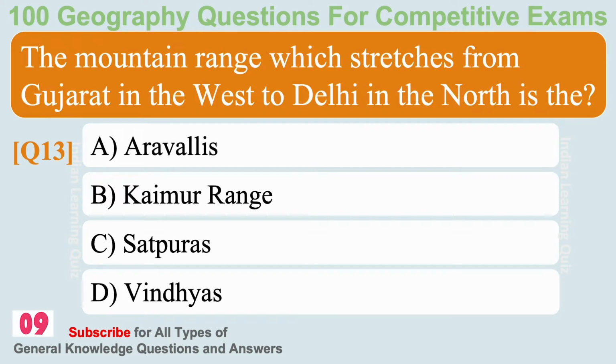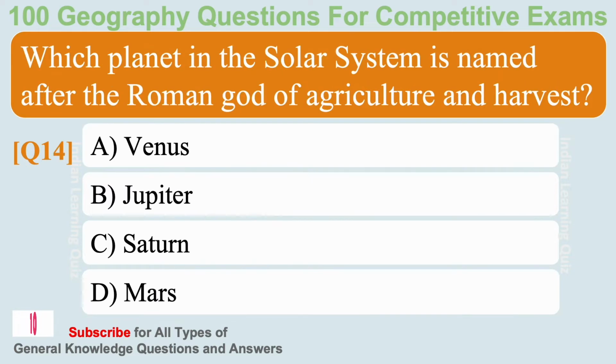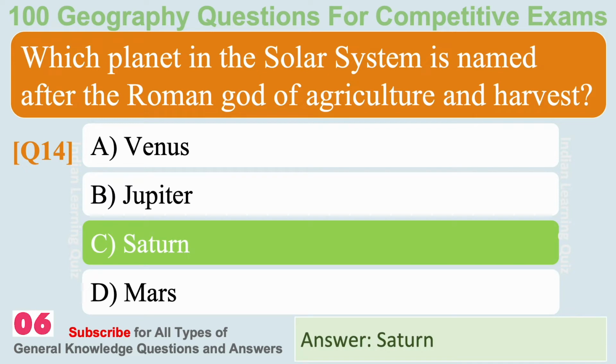The mountain range which stretches from Gujarat in the west to Delhi in the north is the... Answer. Aravallis. Which planet in the solar system is named after the Roman god of agriculture and harvest? Answer. Saturn.